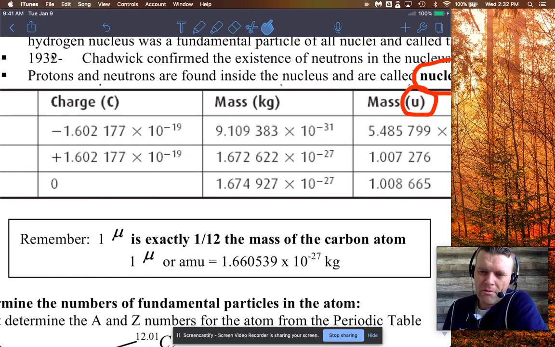A carbon atom would have 6 protons and 6 neutrons, as well as 6 electrons. So they chose that as their baseline, and basically chose one atomic mass unit to be equal to this 1.66 times 10 to the negative 27.